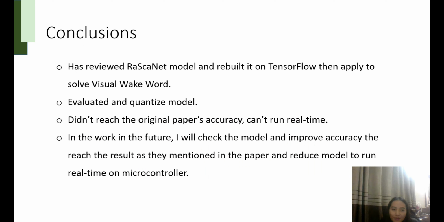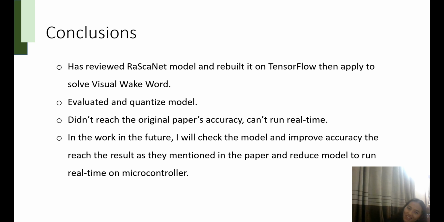Before I give some conclusions about my project: I reviewed a RascaNet model and rebuilt it on TensorFlow. Then I applied it to solve a visual wake word problem. I also evaluated the model on the training, test, and validation sets, and also quantized the model and evaluated it.